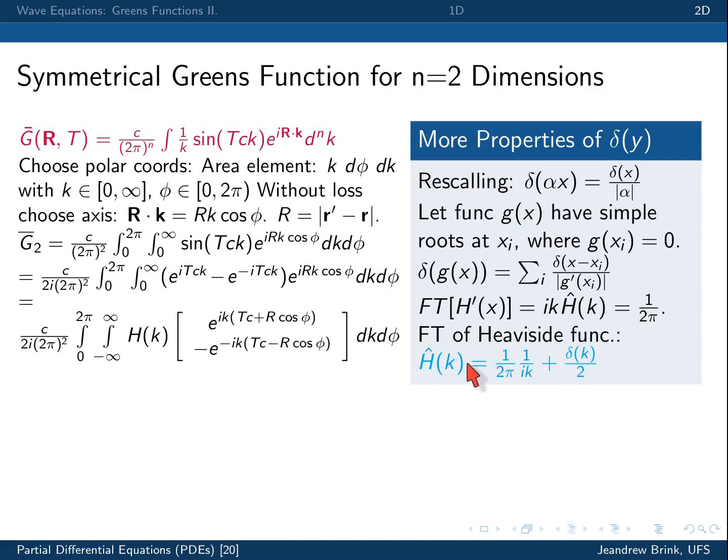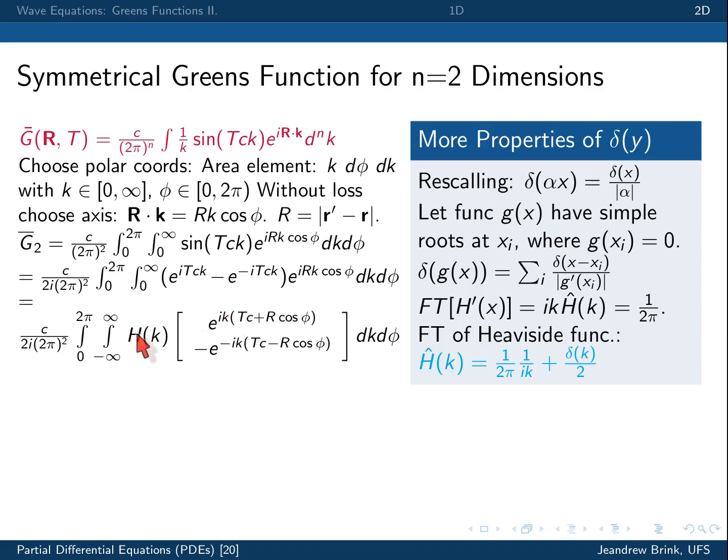Okay, so we're now going to use this to actually evaluate this integral. And as you can see, in order to do it easily, you're going to have to switch k and x. So here, this would look like an inverse Fourier transform, but it's not. We're going to just consider it as a Fourier transform. In other words, the Fourier transform is just 1 over 2 pi h of k times e to the minus ikx.